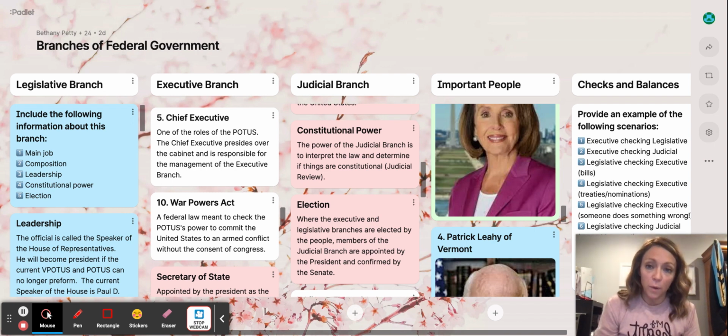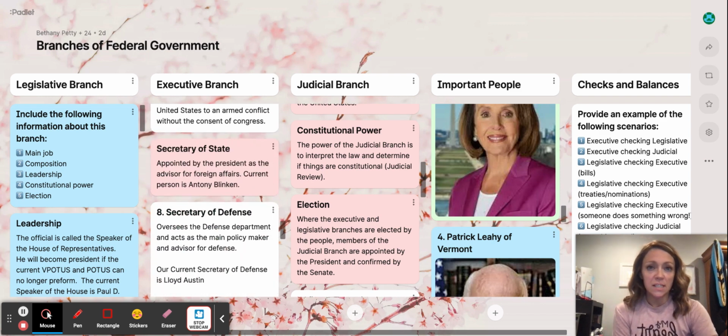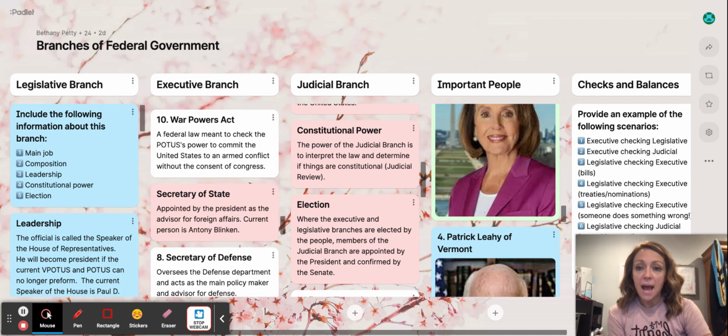So how does he do that? Well, he does this through his executive agencies. For example, if there's a law dealing with equal access to a public education, then that's something that the Department of Education at the federal level is going to make sure is being followed throughout the country. Okay, so chief executive makes sure that the laws of Congress and decisions of the court are passed.